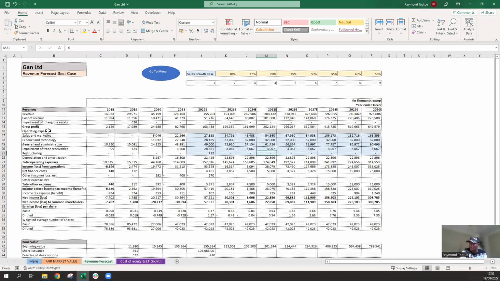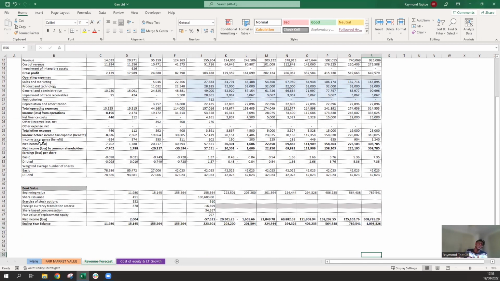For this company particularly, the costs related to product and technology, general and administrative, and impairment will need to adjust over time and have a lesser importance relative to revenue as we move into the future for this company to be profitable. We're going to do the same when we forecast the remaining lines. This is what we get for our income statement.